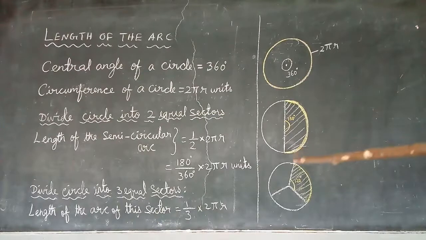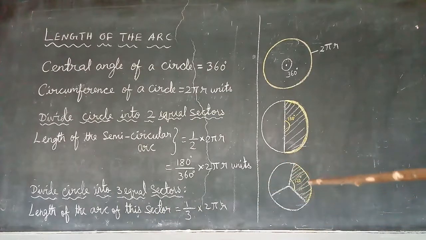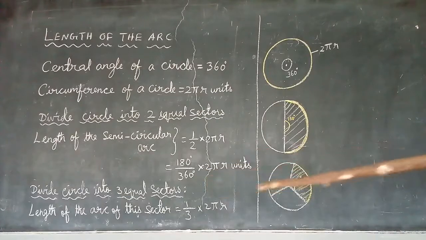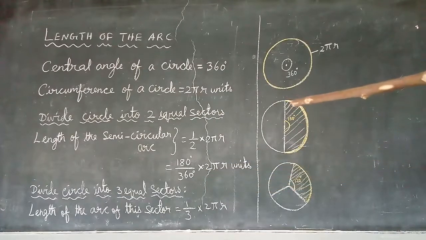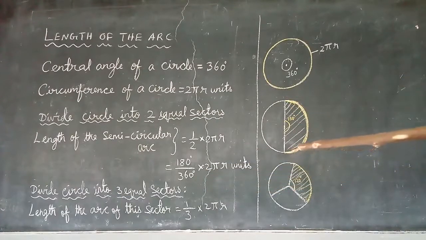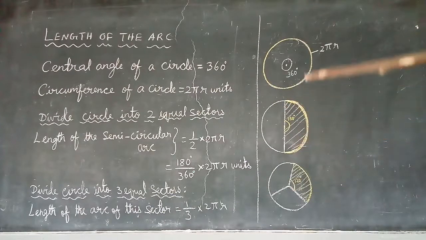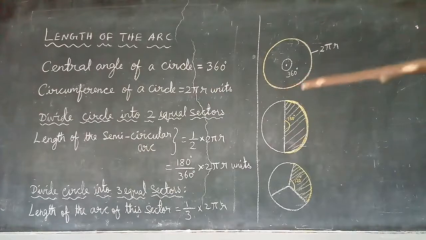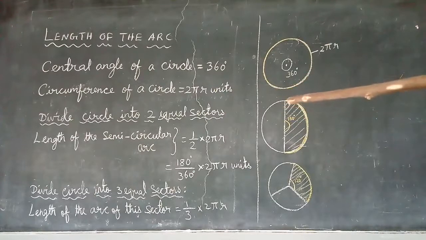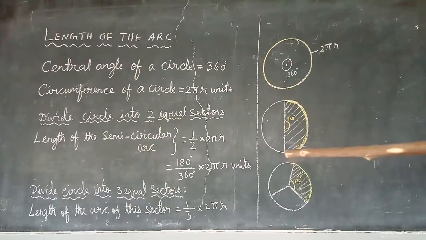The full is the circumference, and this is 1/3 of that part. So we can write 1/3 of 2 pi r. Previously, for a semicircle, the length of the arc was 1/2 into 2 pi r, half of the circumference.